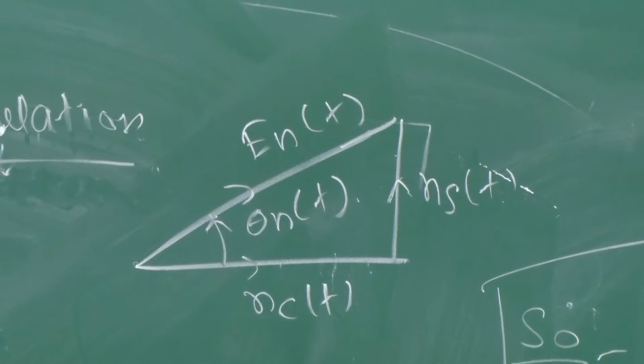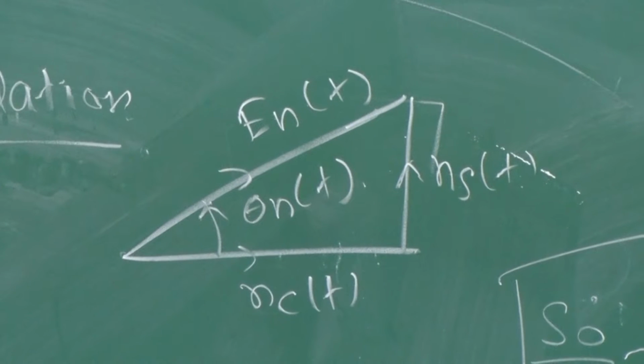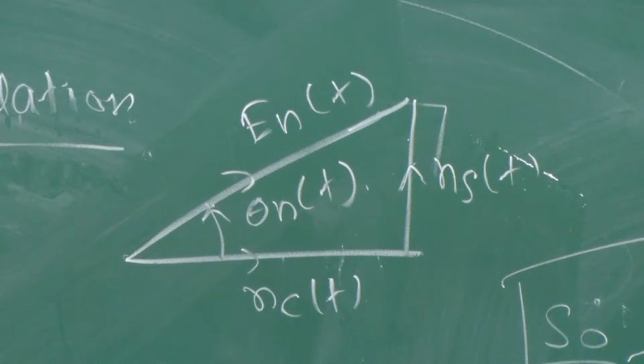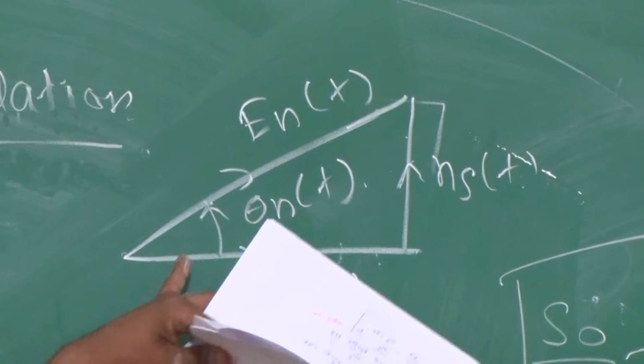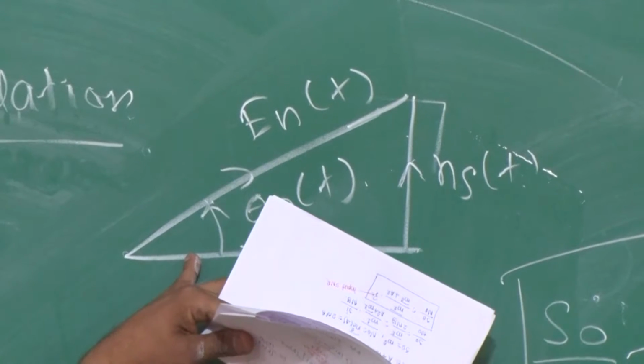This will be given as En of t. Real part is Nc of t, imaginary part Ns of t, that is the quadrature component, and theta n of t will give the phase angle for this noise.